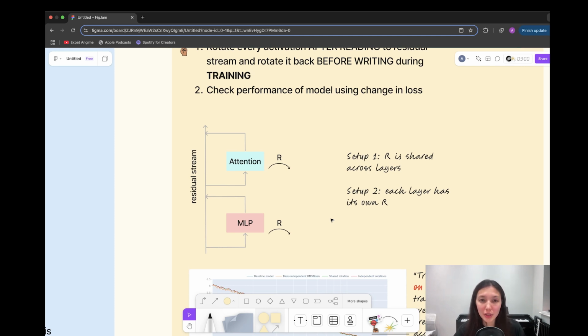They had two setups for this experiment. If this is a residual stream and we have layers, MLP and attention and many more, then in the first setup, these layers share a rotation matrix. So it's the same for every layer in the transformer model. In the second setup, though, every layer has its own rotation matrix. So every layer operates in its own basis.